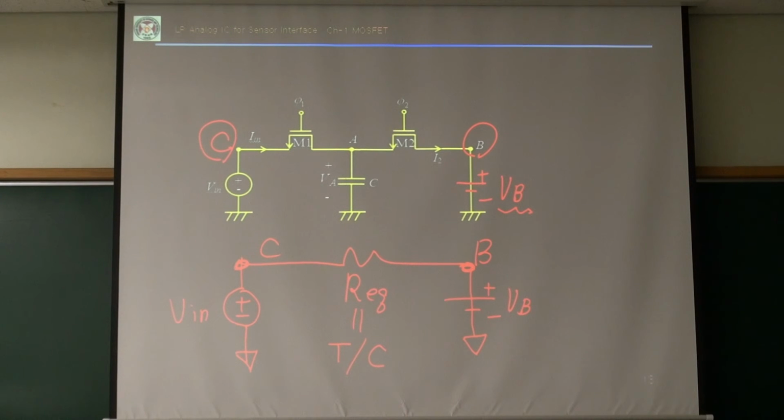Yeah, so actually, this equivalent circuit is valid in a long time scale. Say, for example, this current looks like that, something like that.